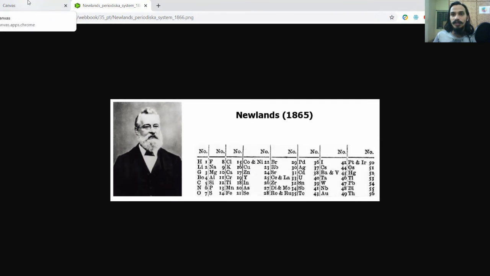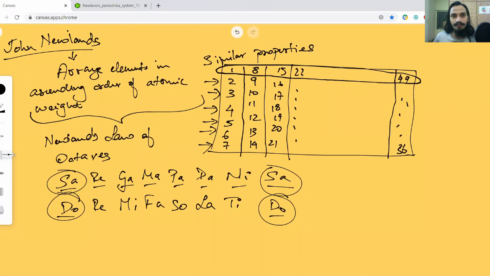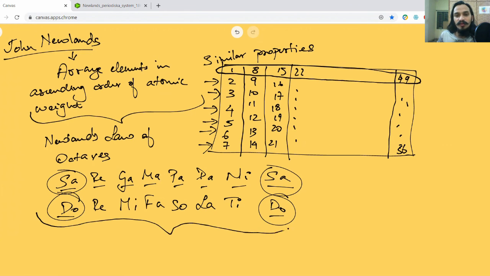In the next class, we are going to talk about the next attempts at figuring out the problems with this table and how they were fixed in the table that came ahead. Every next attempt is better than the previous attempt. Generally, what people say is that he tried to fit this whole octave thing into the elements by force.